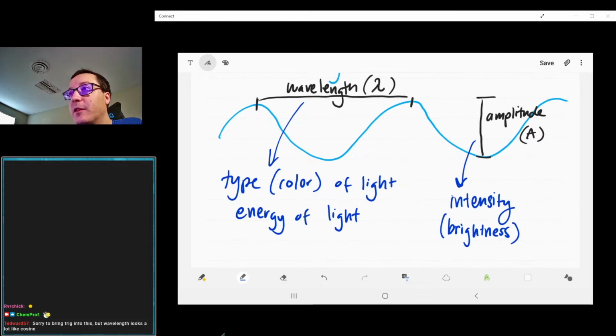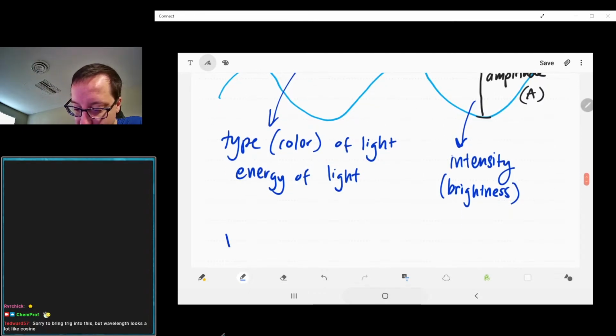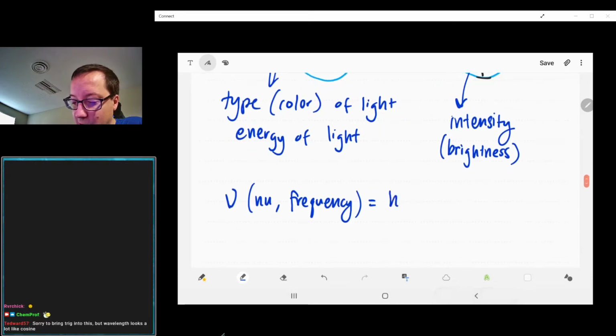So with those two in mind, we have another component called frequency, which is the Greek letter nu, which stands for frequency. And that is going to be just how quickly the wave oscillates.